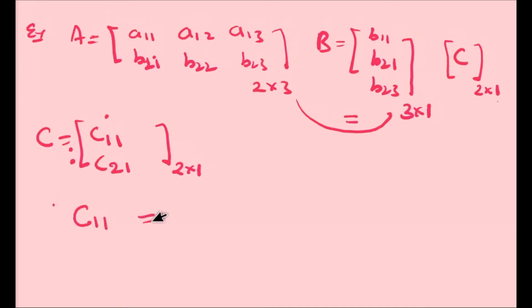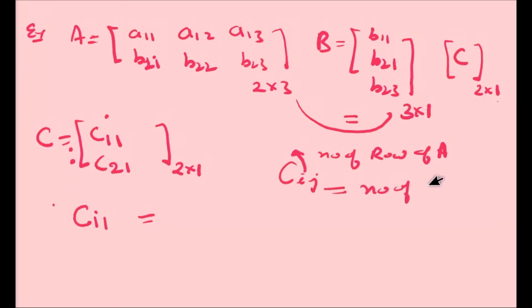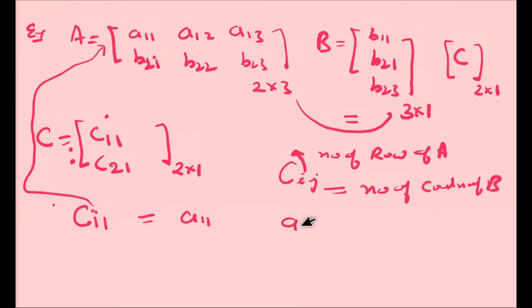Now what is the value of C11? In Cij, i refers to the row of A and j refers to the column of B. So for C11, we write here A11, A12, A13.